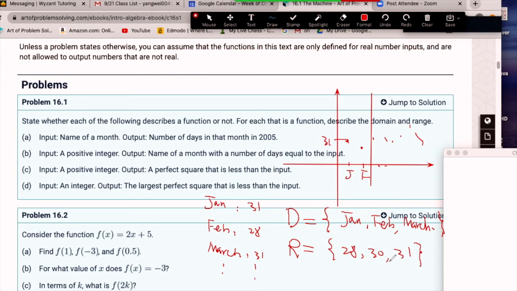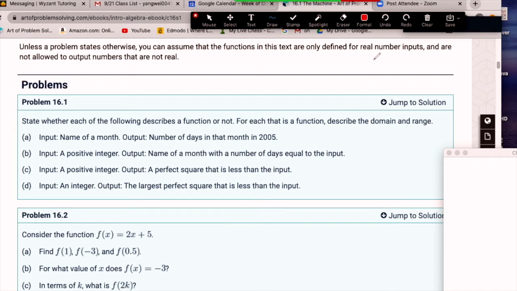If you write 2 30s here, that's the same as only having 1 30 here. So for the range, you can just write it this way. For the domain, that's this. We'll have 12 members here. For the range, you only have these 3 members. So this one, A, that's a function.